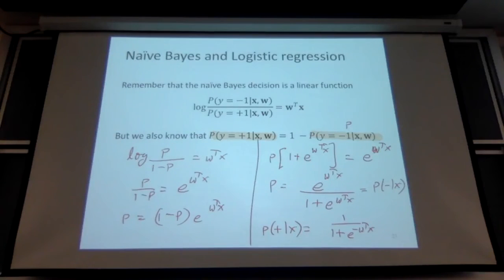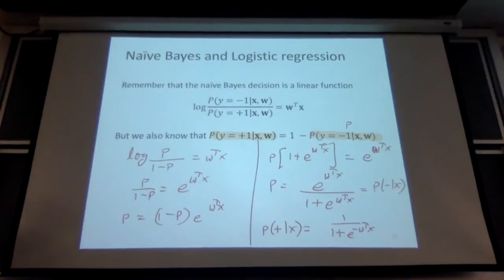So what happens here is the decision boundary. The logistic regression model says, I don't care about all this generative stuff. I know that the probability of plus given x is this function. Let me directly characterize it. Naive Bayes says, I don't care about your decision boundary, I want to get the priors and the likelihood. And in the process, it ends up with the same decision rule.